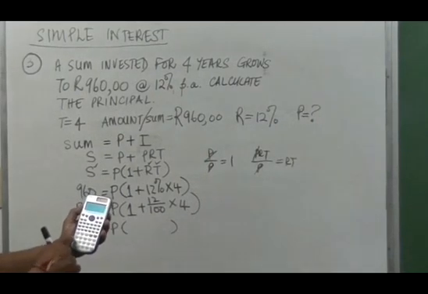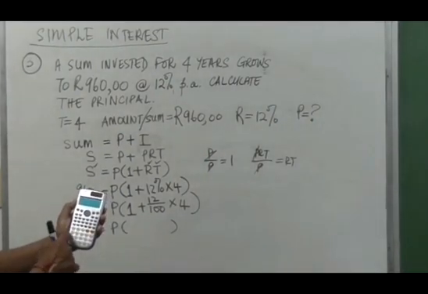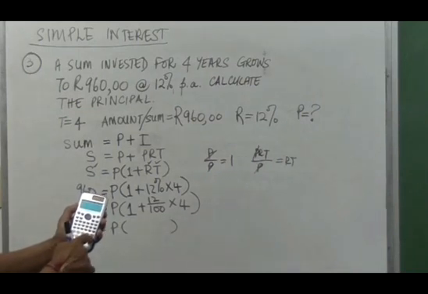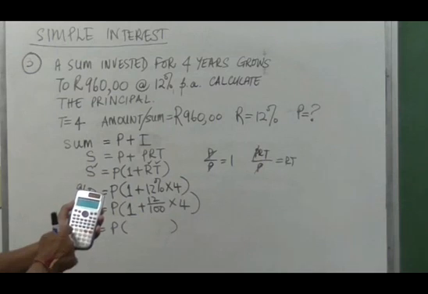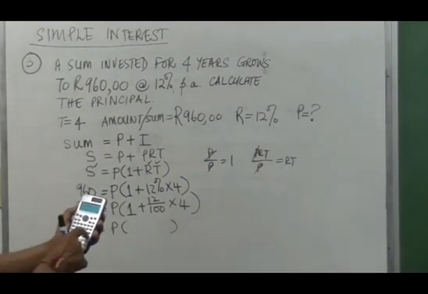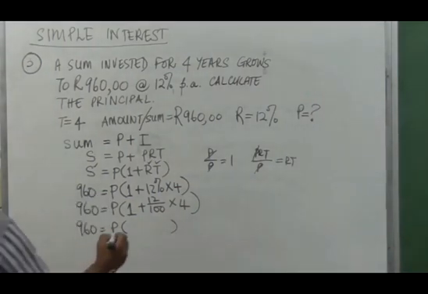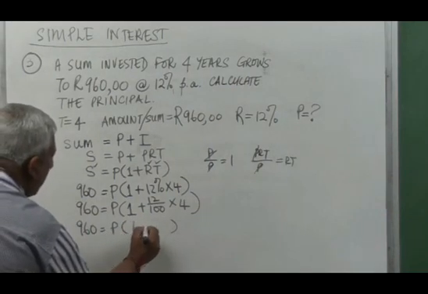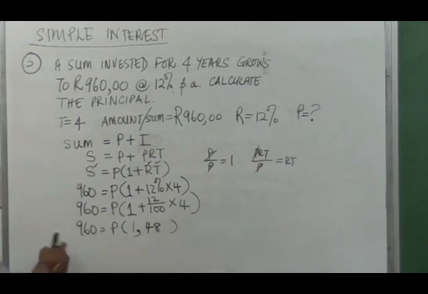Alright, so in the calculator we put 1 plus 12 divided by 100 times 4 is equal to, and I get 37 over 25. I press SD, I get 1,48. So once again we have an equation here which we have to solve.